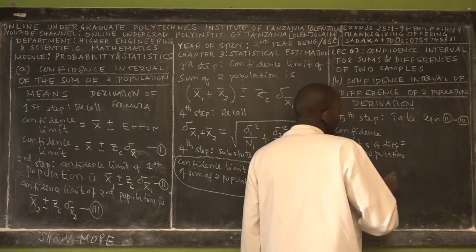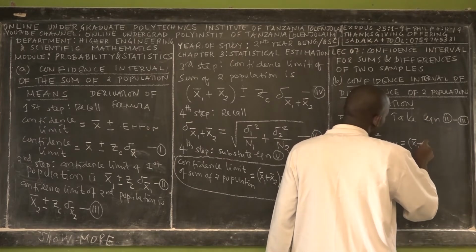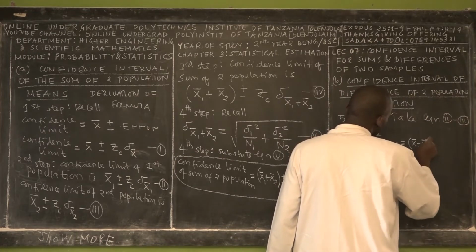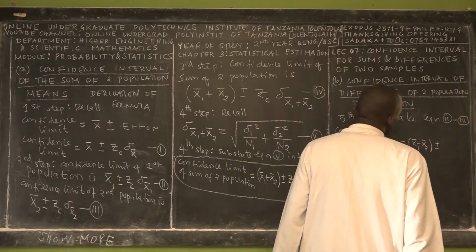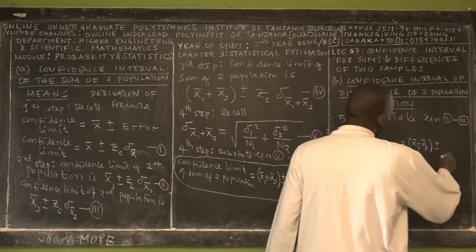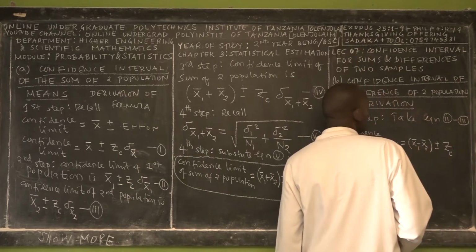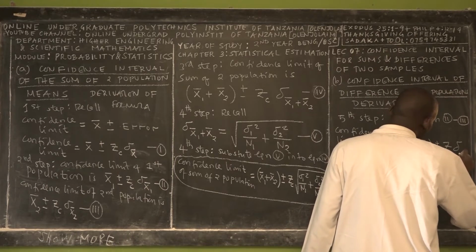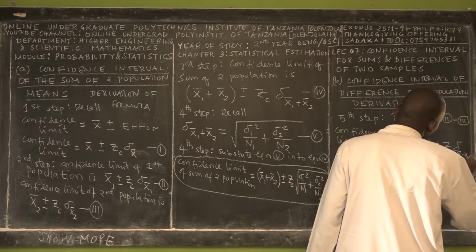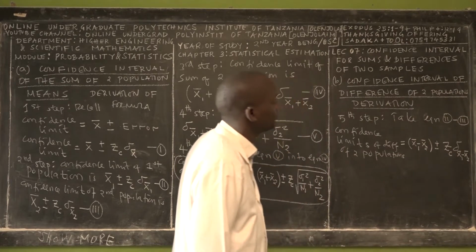This is equal to sample mean 1 minus sample mean 2, plus or minus the standardized value at critical value, then multiplied by the standard deviation of x̄1 minus x̄2, the mean of the second sample.